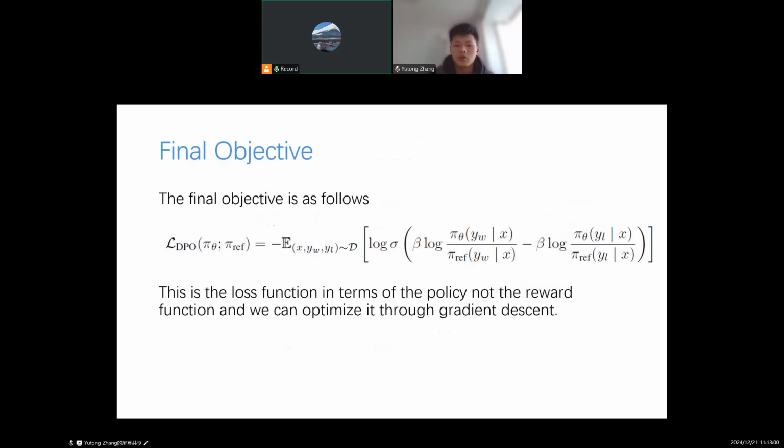And we can see here that the loss function is in terms of the policy, not the reward function, and we can optimize it through gradient descent, which is kind of the same as supervised fine-tuning, right?